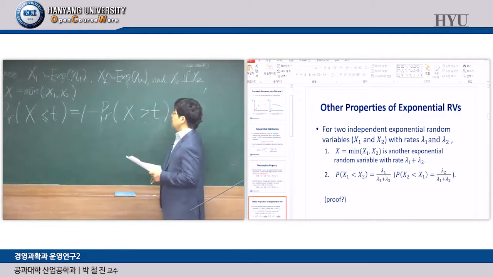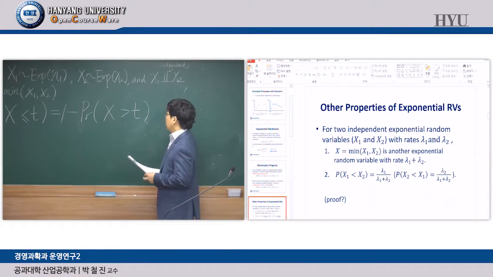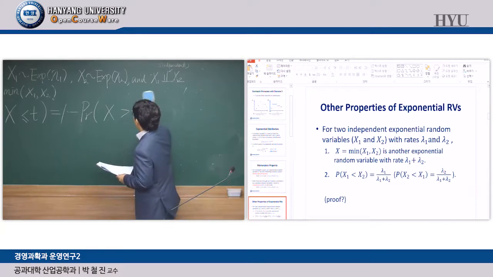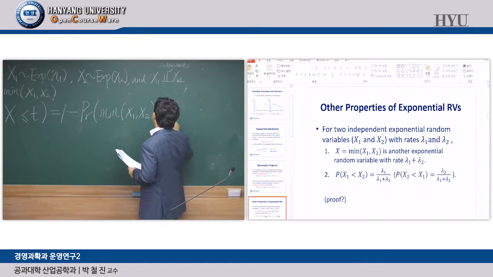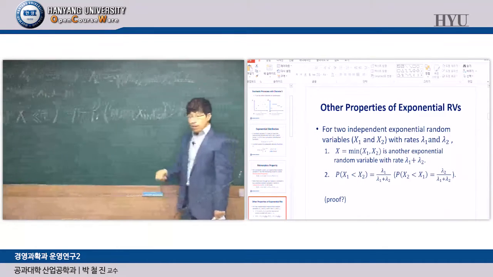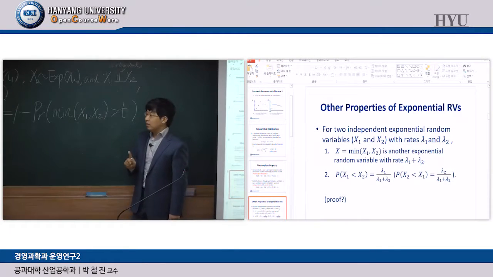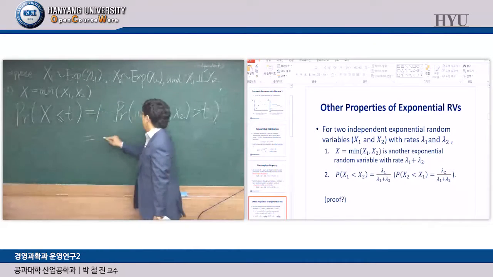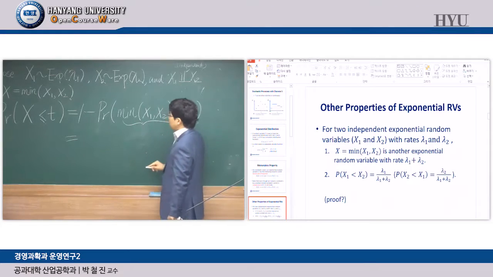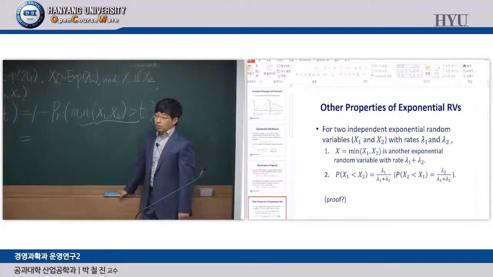This is actually 1 minus the probability that X is greater than t. Based on the definition of X, we can rewrite this as the minimum of X1 and X2 being greater than t. And here is one technique to develop equations. This event can be considered as the intersection of two events.